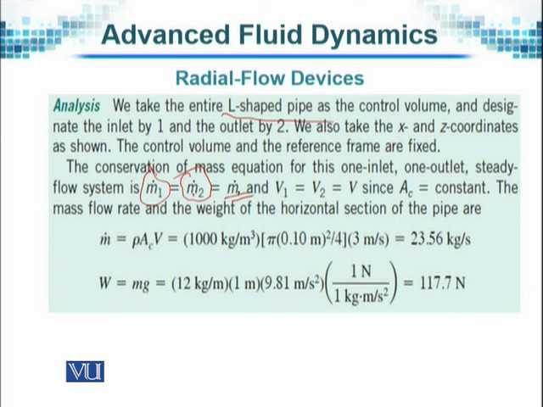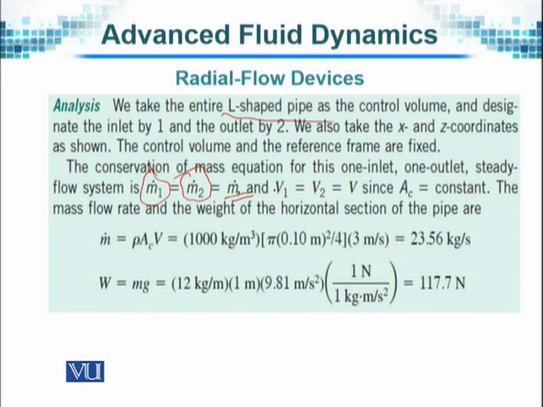The suffixes here have been removed. Similarly, the velocities at points 1 and 2 are equal, and therefore let that also be denoted by V. The area of cross section is constant, so it's denoted by Ac.